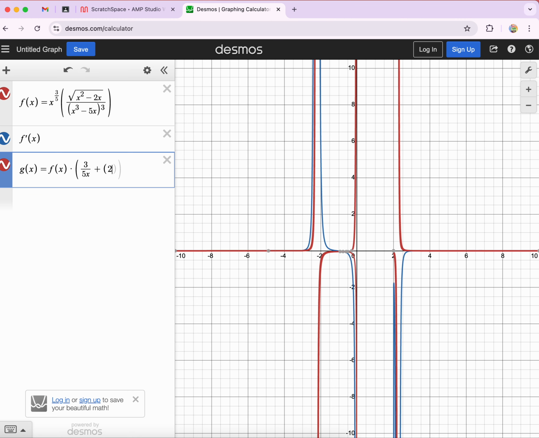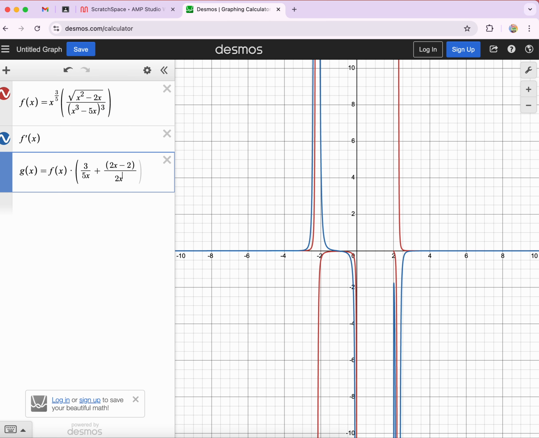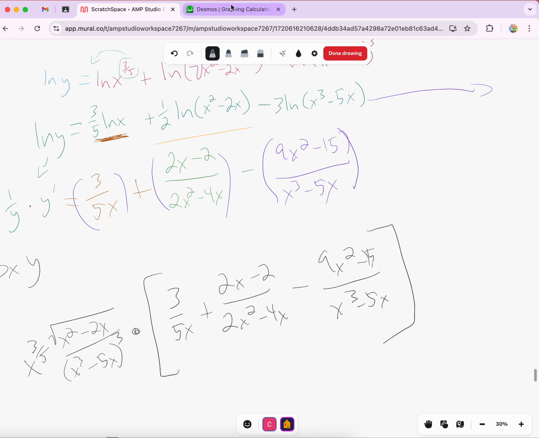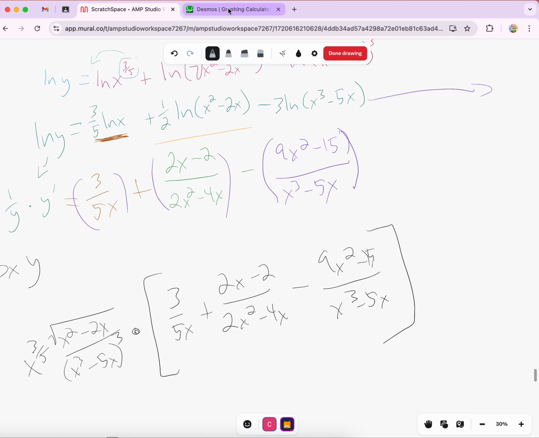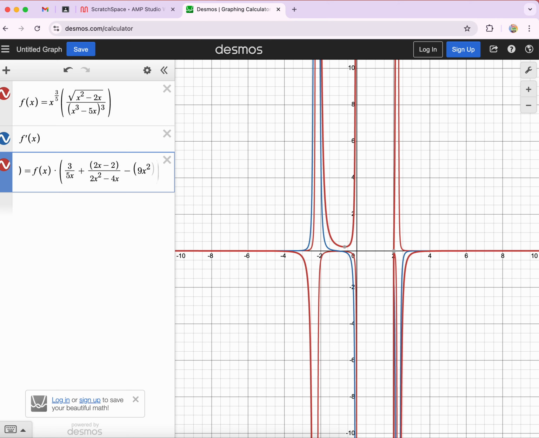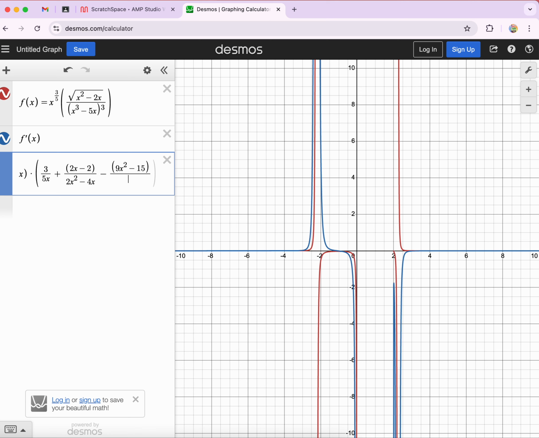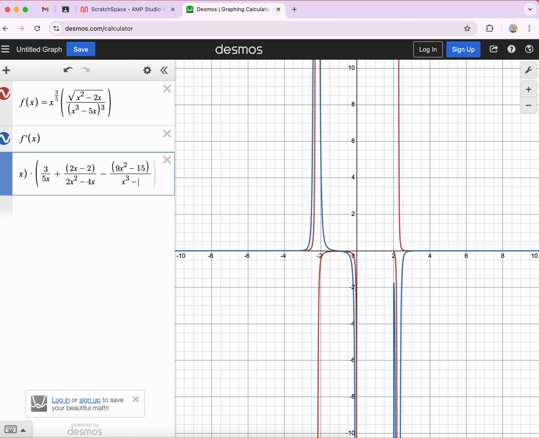Plus 2, plus, and we'll do this in parentheses, 2x minus 2 over 2x squared, was it plus 4? No, minus 4x, okay, minus, and then we'll do this in parentheses as well, minus 9x squared minus 15 over x cubed minus 5x.